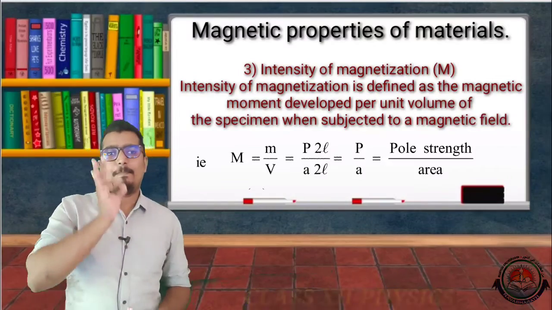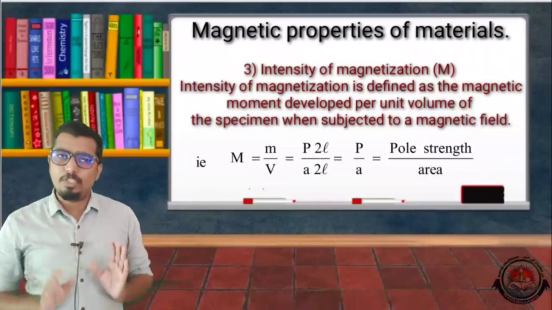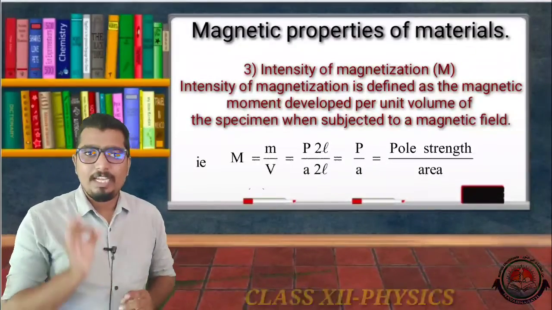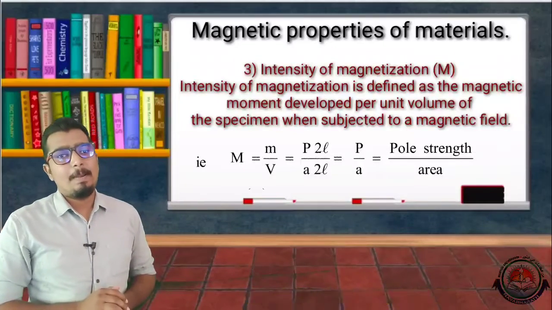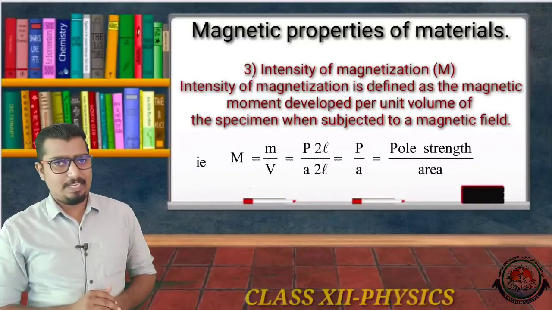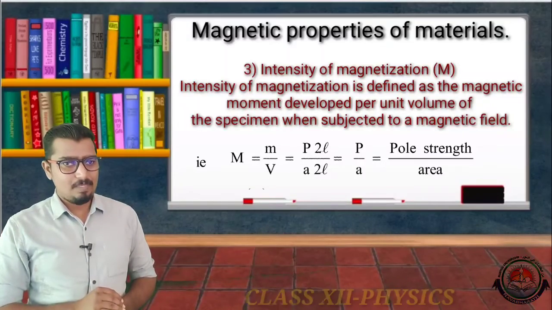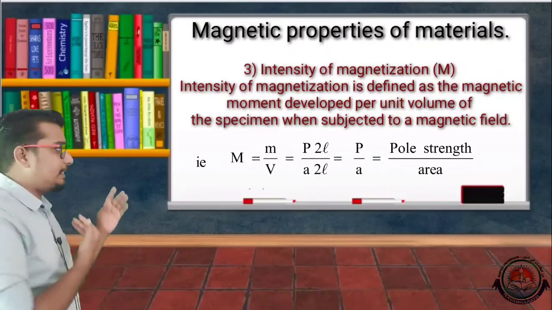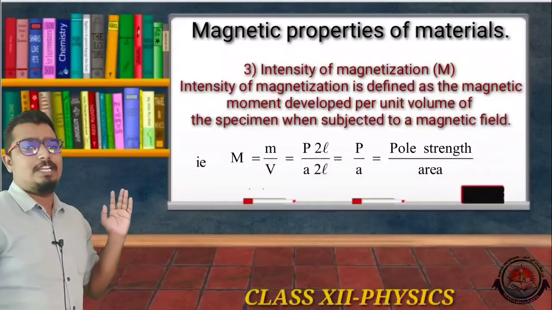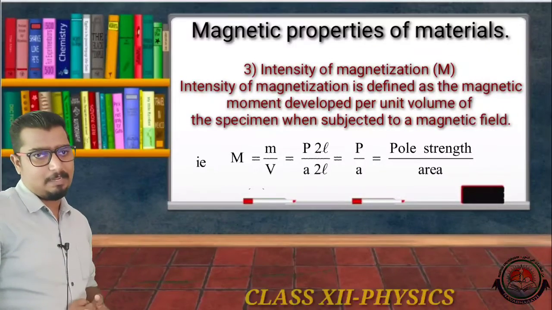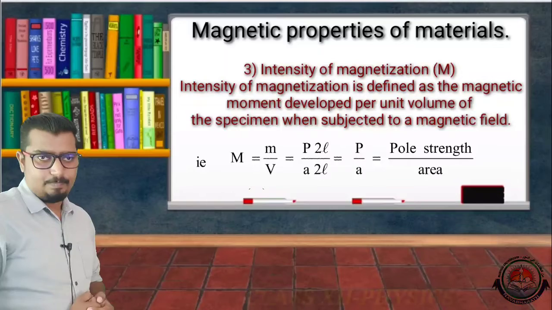The magnetic moment per unit volume is called the intensity of magnetization: capital M equals m by V.